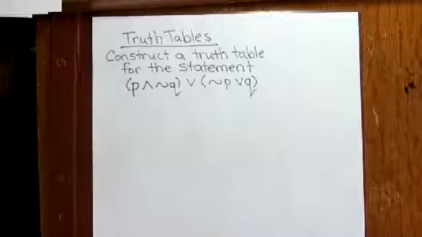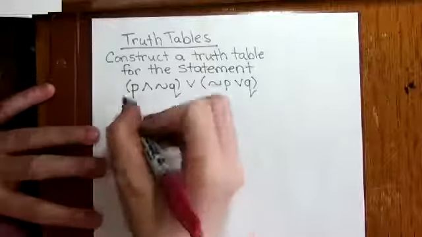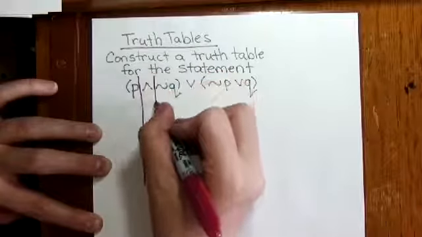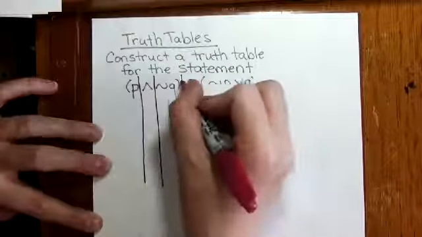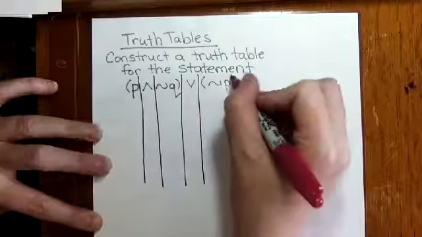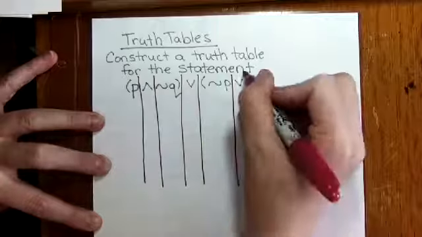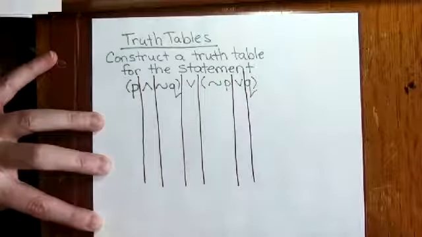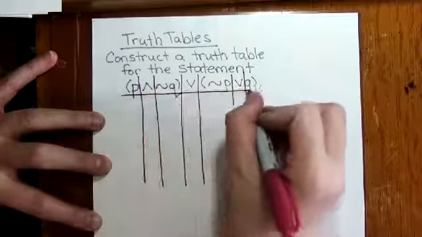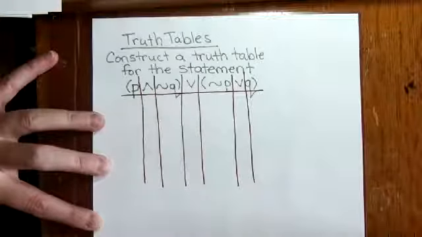Let's look at constructing the same truth table in a different manner. A second way is to put a column under each action and to build the truth table as it sits.